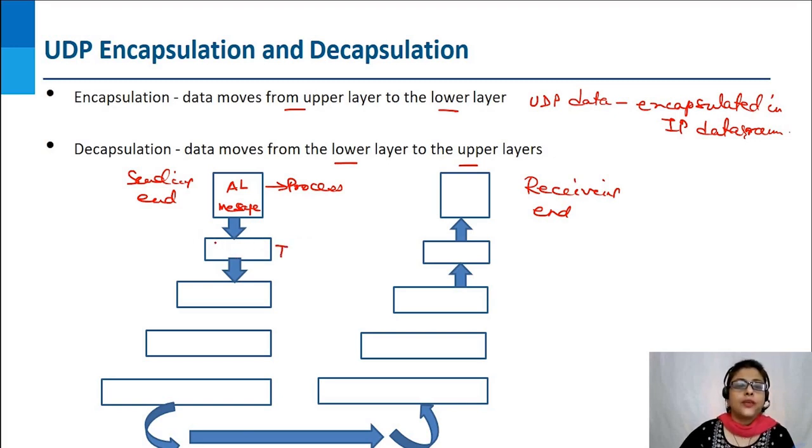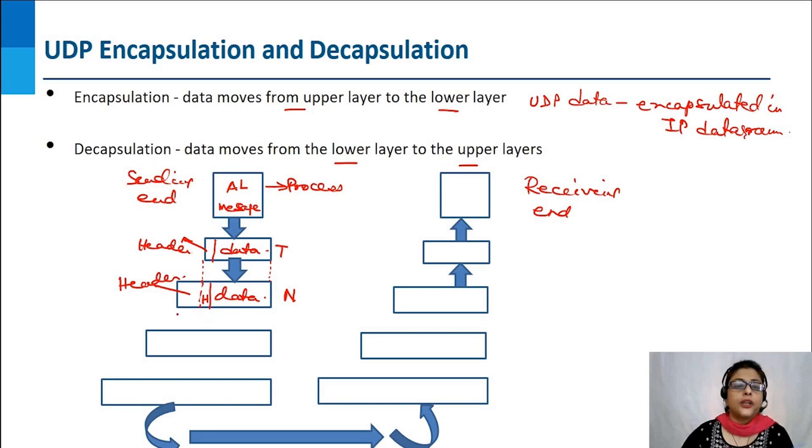The transport layer treats the data from the application layer as the data and includes a header. This entire transport layer data is fed to the network layer as data along with the header of the transport layer, and at the network layer again one IP header is inserted.